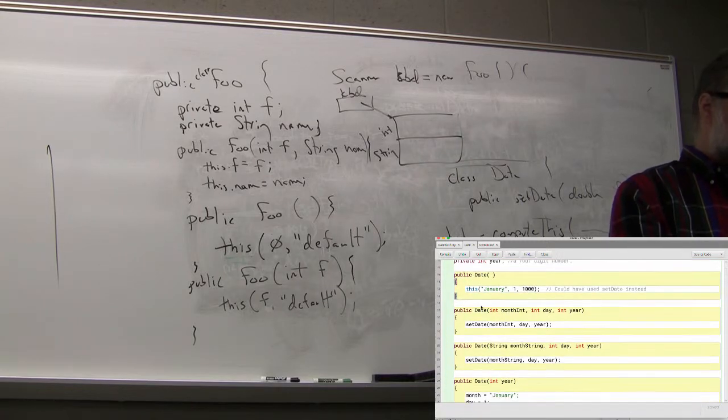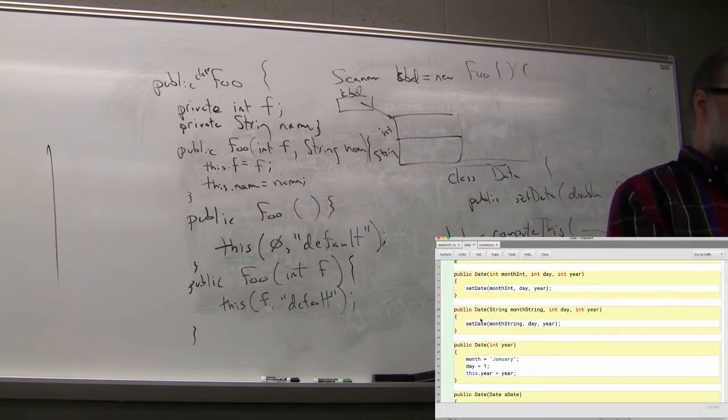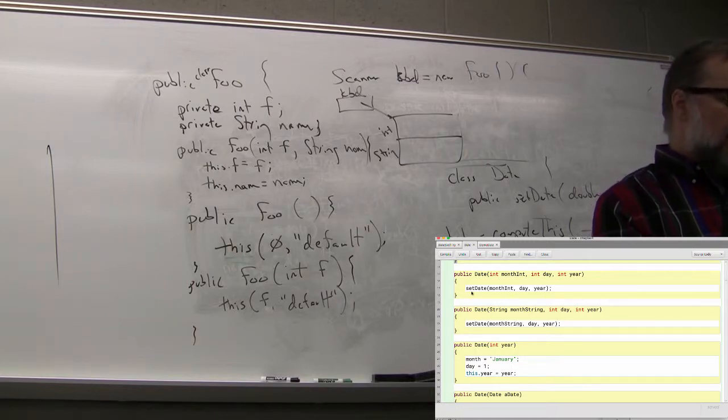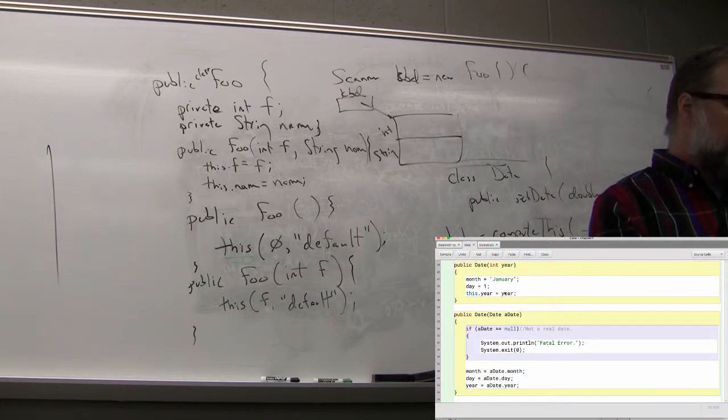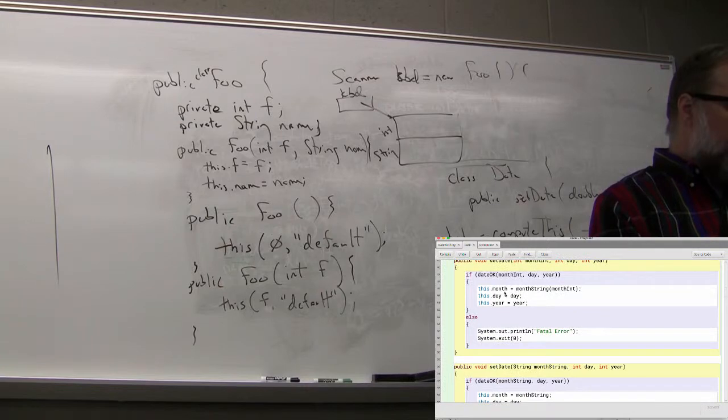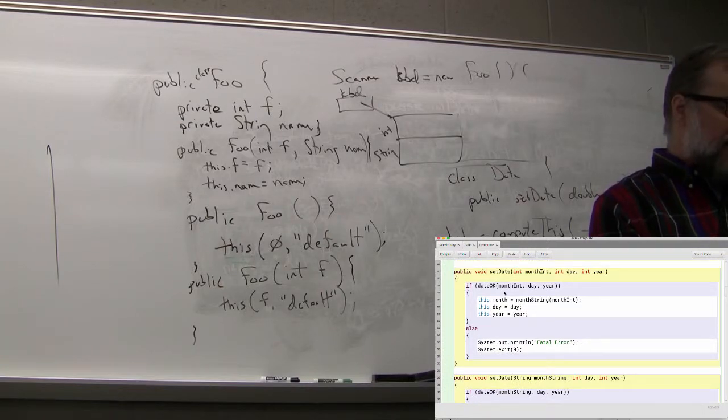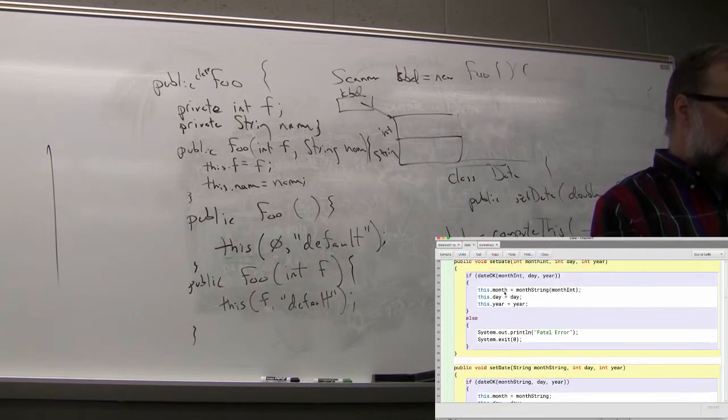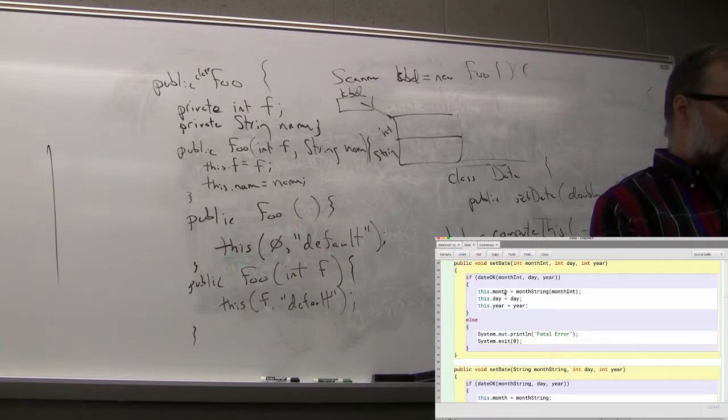And all the rest of the date methods, I think, are the same as they are in the textbook, where they use this helper method called setDate to do the work, and setDate has been overloaded, so it can take the month as a string or the month as an integer and do the right thing. So they're all making use of these setDate methods down here to set all the possible values.